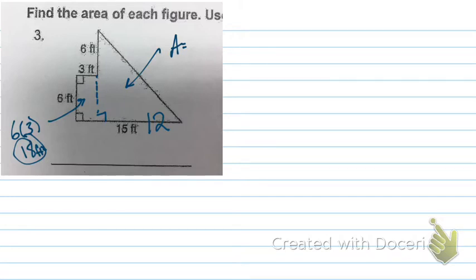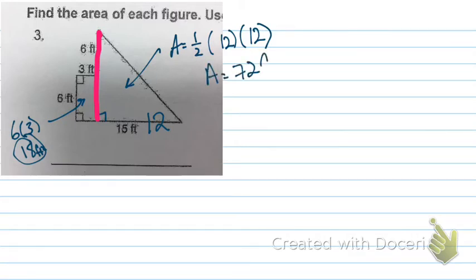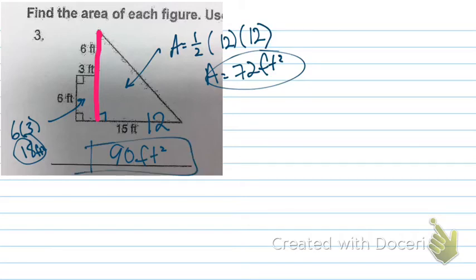Well, the triangle, though, Tannen, the base of my triangle would be 12. My height would be, oh, not 6. It would be 12, right? The 6 and the 6. So you kind of have to add those two chunks together. You guys seeing those two chunks on the side? Good mistake. So we got 72 square feet there. So 72 and 18. That gives us 90 square feet total.